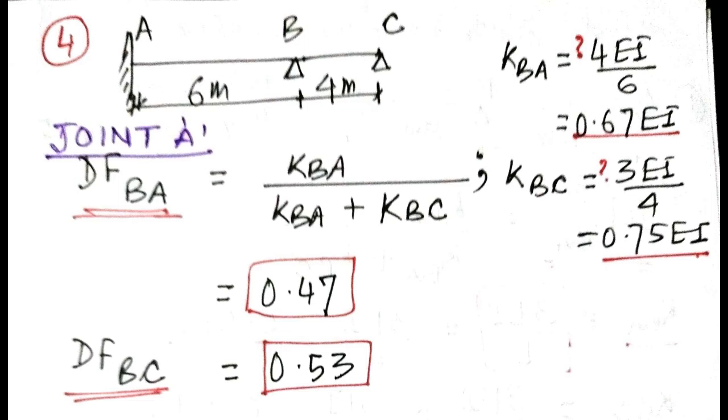So KBA will be 4EI by L. This is directly from the formula, correct? Because A is a fixed support. So it is coming as 0.67 EI, sorry, and BC will be 3EI by L because it will act as simply supported, correct? So 3EI by L, 0.75 EI. So DFBA comes out to be 0.47 and DFBC comes out to be 0.53.